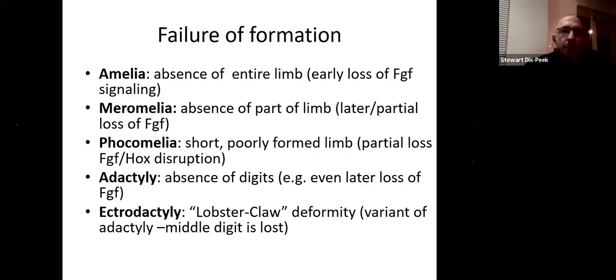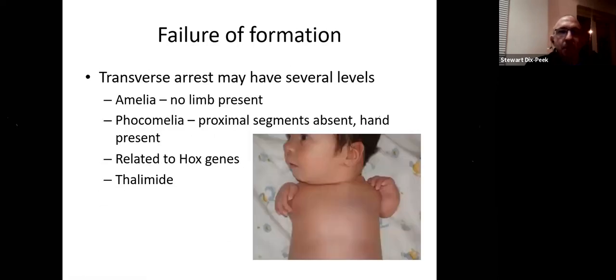I'm going to skip over the names, except Amelia is an absence. Mero is absence of a part. We went over the rest last Friday. Ectrodactyly is a cleft or a lobster claw type. We're losing the middle part.